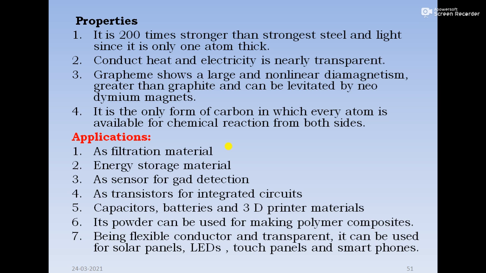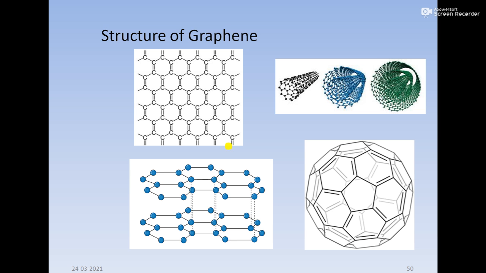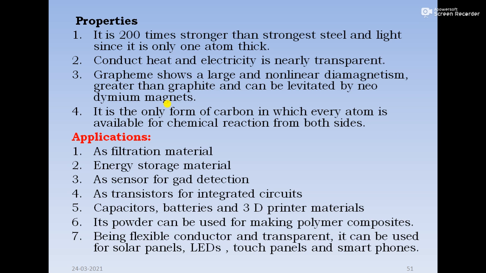And fourth, it is the only form of carbon in which every atom is available for chemical reaction from both sides. You can see here, if you consider this, one side is blocked, and if you consider this, the inner side is also blocked. You can attack from only one side. But in this sheet, you can attack from the front side as well as the back side, so both sides are available for bond formation.